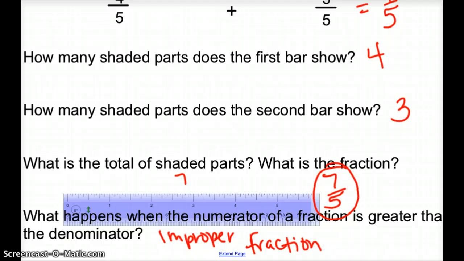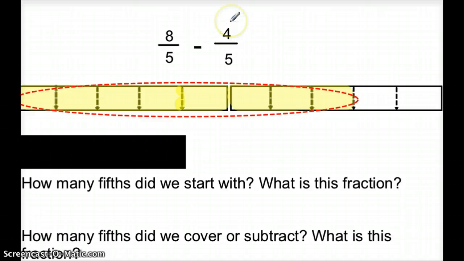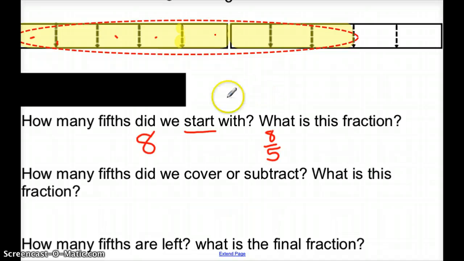Alright, let's look at another example, a subtraction one. So if I have 8/5 minus 4/5, how many fifths did we start with? So we're starting with 8, or 8/5. And I know that the bottom number is fifths because I have 1, 2, 3, 4, 5 parts in one bar. Okay. We are subtracting 4/5.